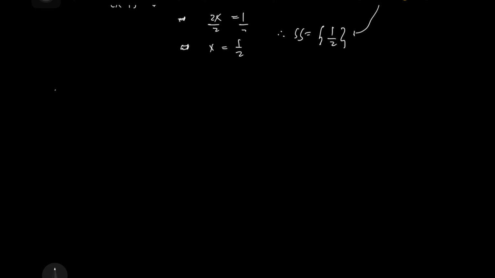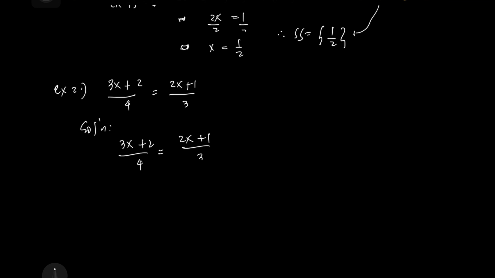Another example. Example 2, we have (3x plus 2) over 4 equals (2x plus 1) over 3. To make it easier, if we encounter equations with fractions, meaning we have a denominator not equal to 1, the easiest way is to eliminate the denominators first.